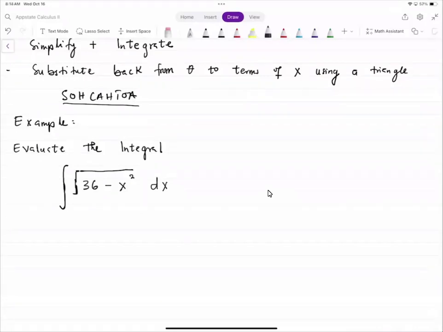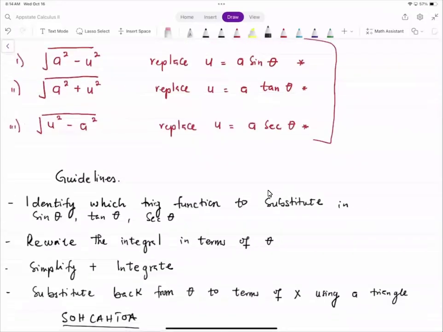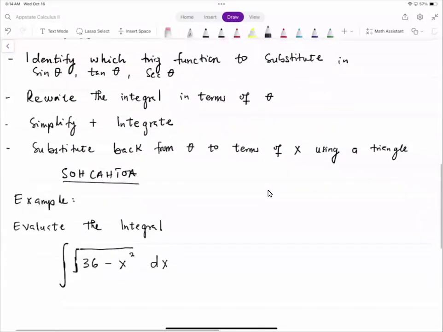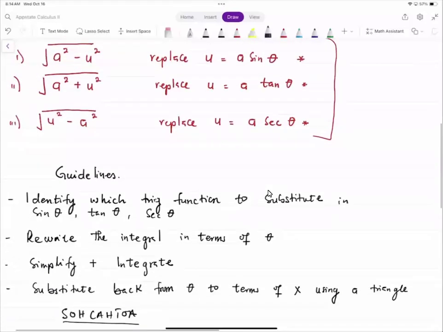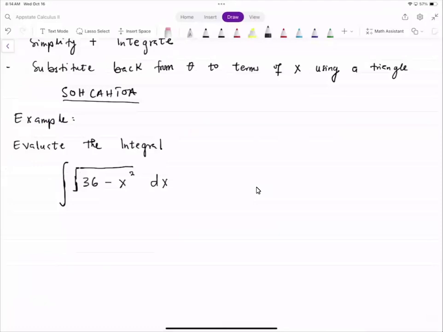This is the situation where applying trig subs is going to be very beneficial. Now look at this example and tell me which of these three situations looks similar to this. Anybody want to help us?